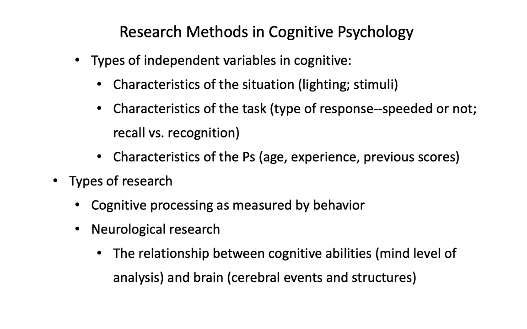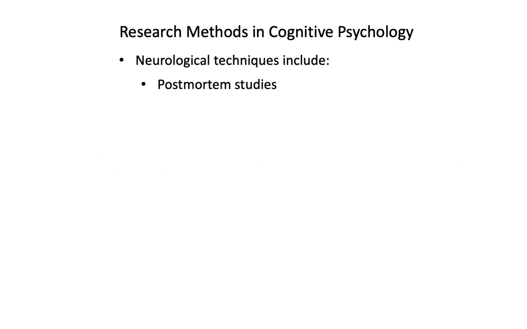There are a variety of neurological techniques that can be used in cognitive psychology. One technique is a post-mortem study of the brain. This is a physical examination of brain tissue after someone has died. It frequently involves the use of neuroimaging, so using something like a CAT scan, which we'll talk about more in depth later in the lecture.